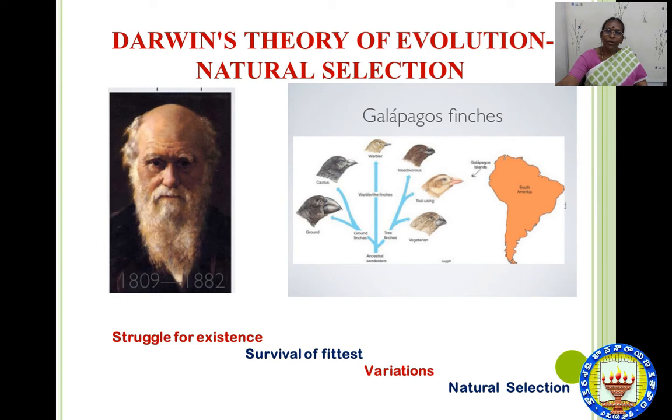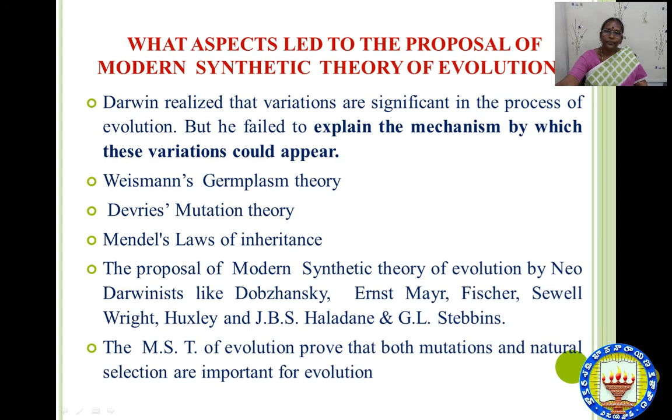He concluded that the beaks of these birds are modified depending upon the food available in those islands and on their feeding habits. So he proposed the theory of evolution for the first time, which is accepted by most scientists. It is based on struggle for existence, survival of the fittest, variations and natural selection.